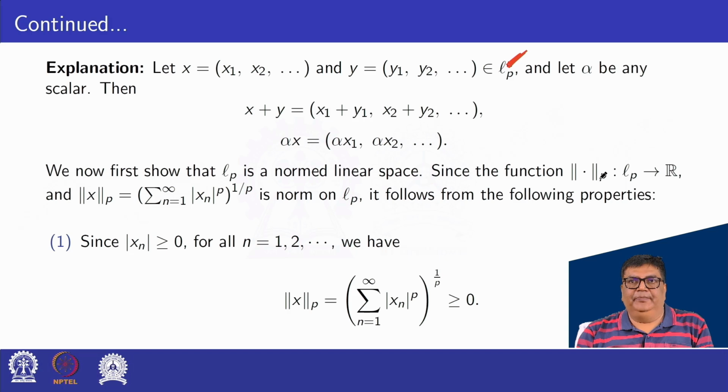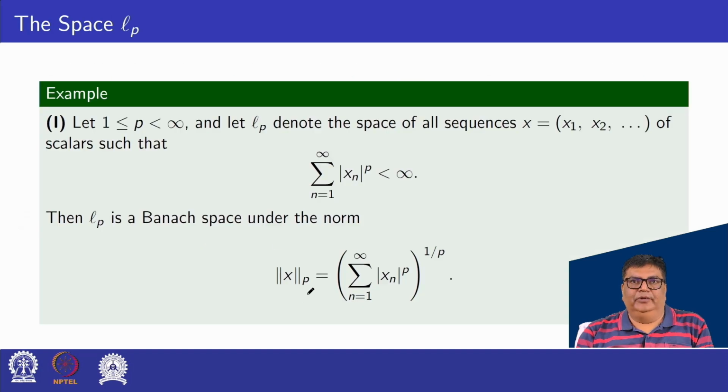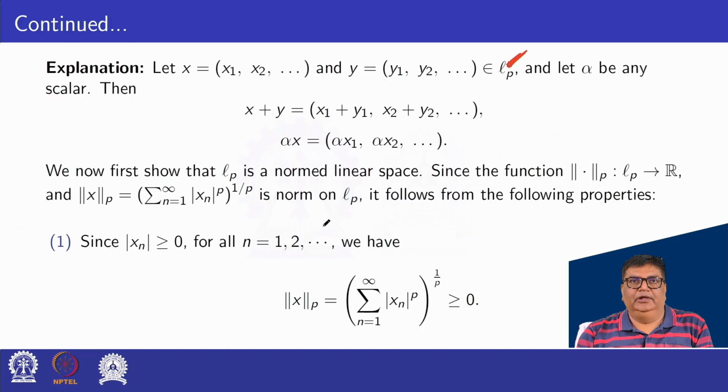Since the mapping norm from the space LP to R, norm x p, defined as summation n equal to 1 to infinity mod xn power p whole power 1 by p, is a norm on LP, it follows the following properties.